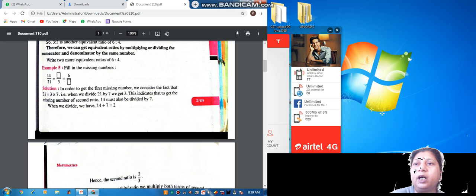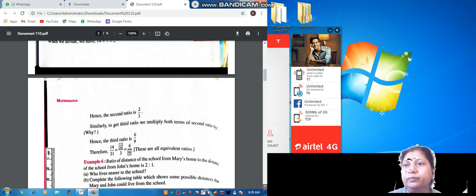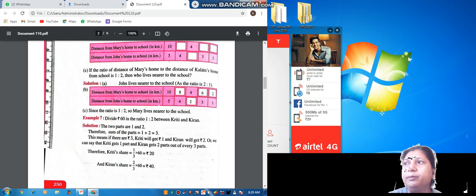In order to get the first missing number, we consider the fact that 21 is equal to 3 into 7, right? When we divide 21 by 7, we get 3. This indicates that to get the missing number of the second ratio, 14 must be divided by 7. When we divide, we have 14 upon 7, that is 2.